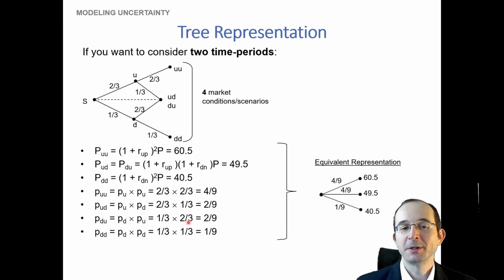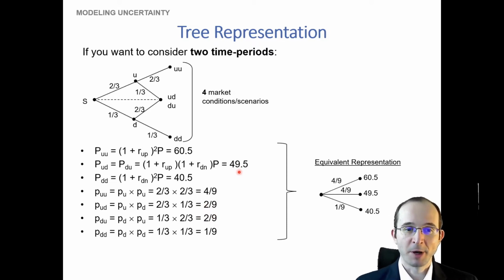Well, again, 1/3 times 2/3, another 2/9. But since those really get us to the same outcome, we can just add those together. So that's another 4/9 chance of ending up with this 49.5 as a payoff, either in UD or in DU.